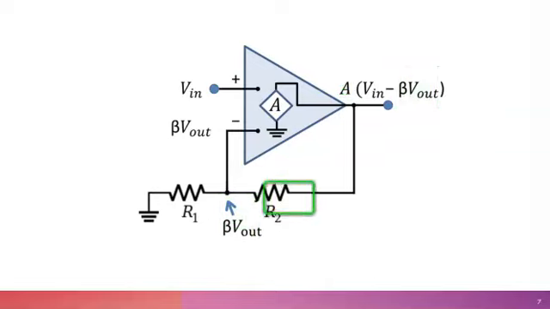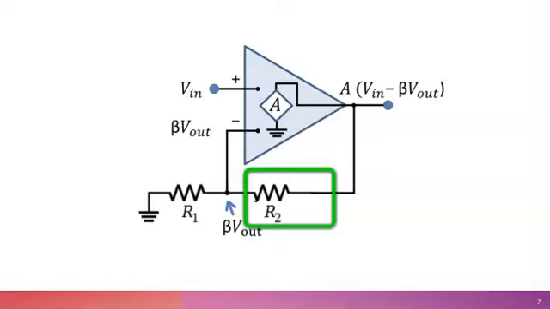A few electronic components like resistors can be added to the op-amp circuit to provide the required feedback. In other words, the gain of the overall circuit is defined by the negative feedback and not by the gain of the op-amp itself.